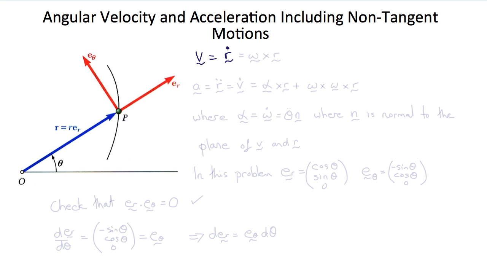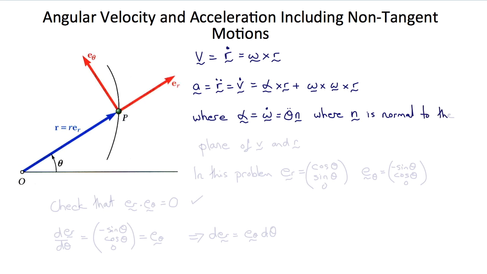So v equals r dot equals omega cross r, and a, the acceleration vector, equals r double dot or v dot, which is equal to alpha cross r plus omega cross (omega cross r), as we saw before, where alpha is omega dot, which is theta double dot n, where n is the unit normal vector to the plane of v and r.